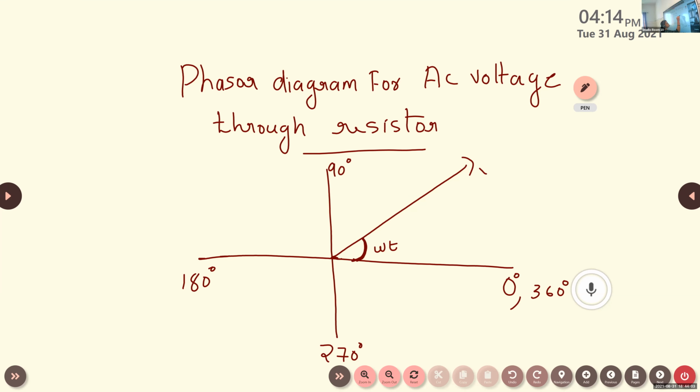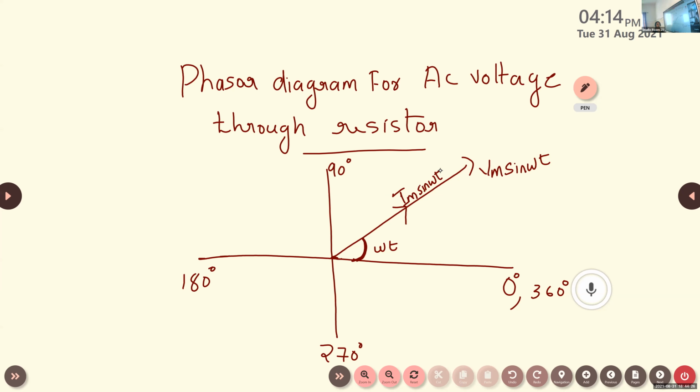So this represents the phase angle for Vm sin omega t, the alternating voltage. And since the alternating current and alternating EMF are in the same phase, the current is Im sin omega t.